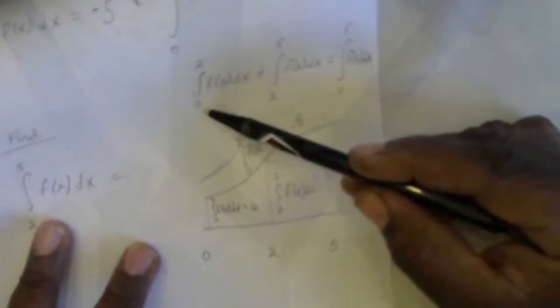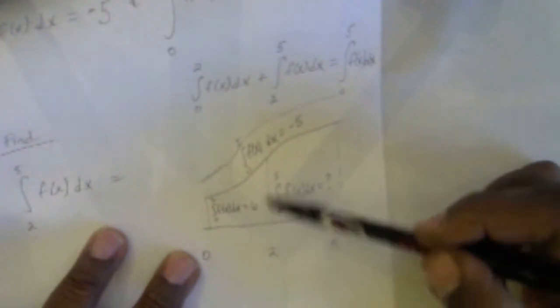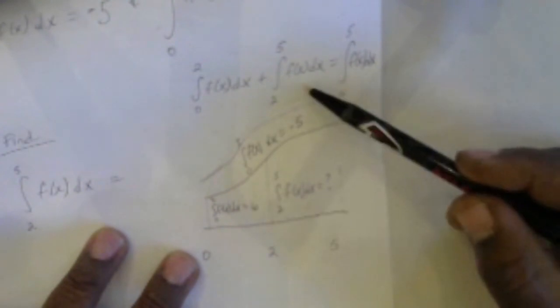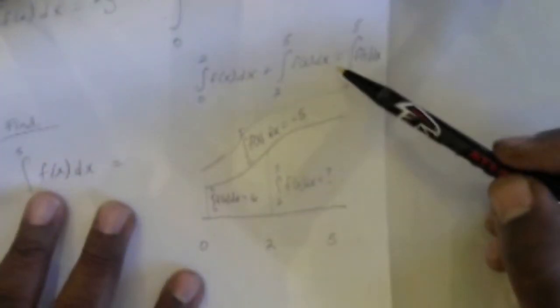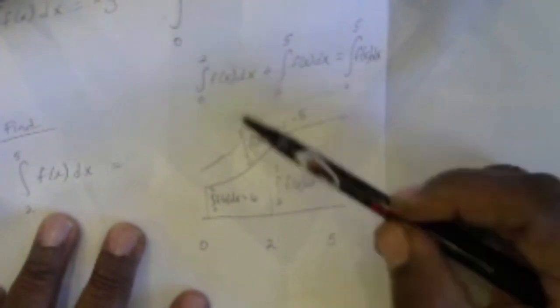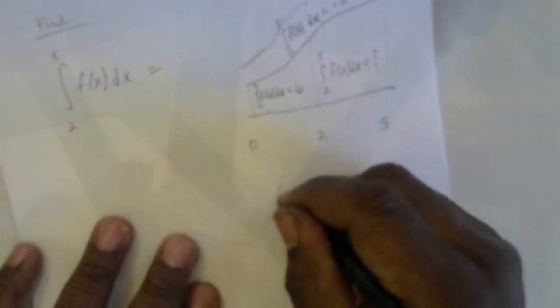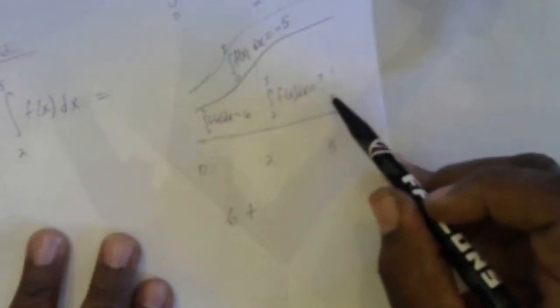So I'm setting it up like an algebraic formula. The integral from 0 to 2 for f of x dx plus the integral from 2 to 5 for f of x dx should equal the integral from 0 to 5 for f of x dx. Now I'm simply going to substitute in the values. The integral from 0 to 2 was given as 6, plus the integral from 2 to 5 for f of x dx, that's our unknown.